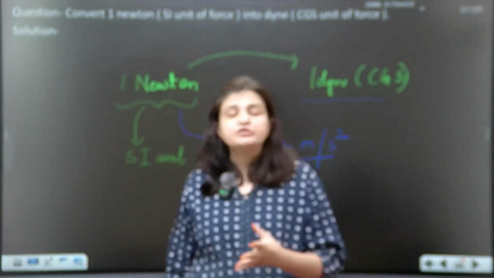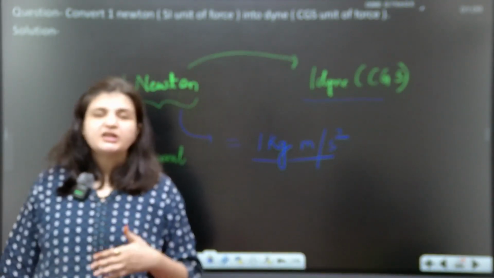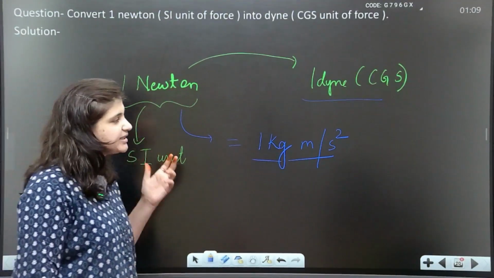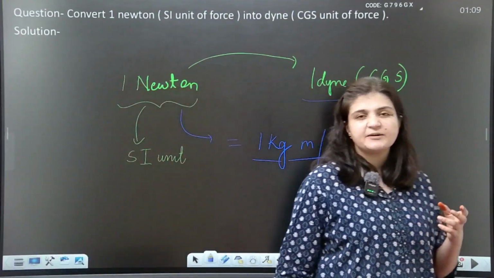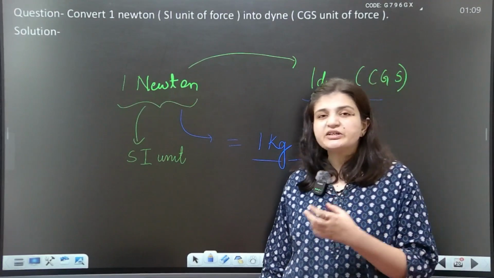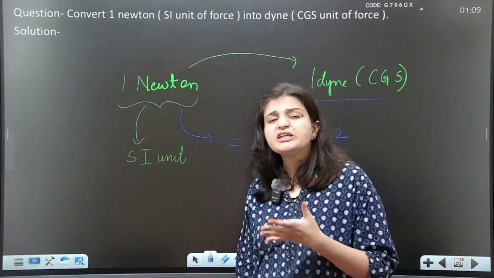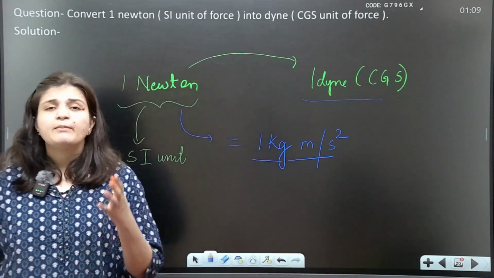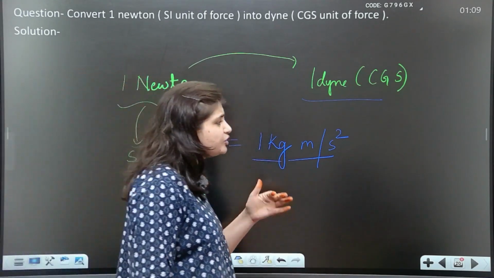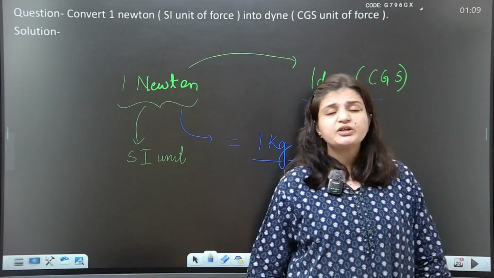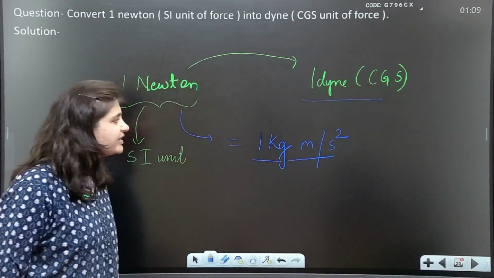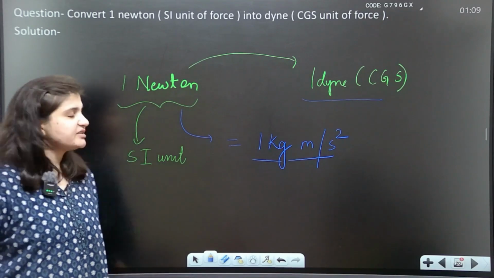Now if we have to change this into the CGS unit, we have the SI unit which is Newton, but now we have to change it into the CGS unit. So we have 1 Newton as 1 kg meter per second square.